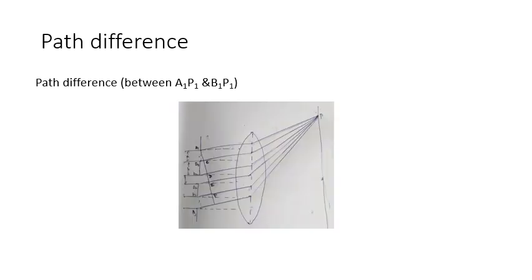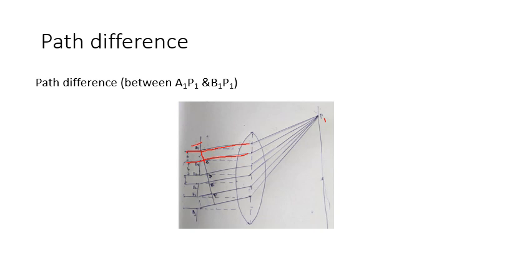For our own convenience, let's see the diagram once again. Here we have A1 and we have P1 here. I'm going to calculate the path difference between this ray and this ray. In order to calculate the path difference, we are supposed to draw a normal line from the beam A1P1 to B1P1.